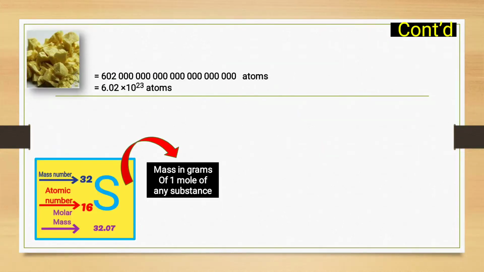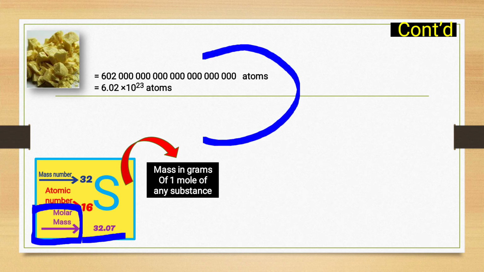We go to the periodic table. We know that the molar mass of sulfur is 32.07, so this means that 1 mole of sulfur contains this particular number of atoms.